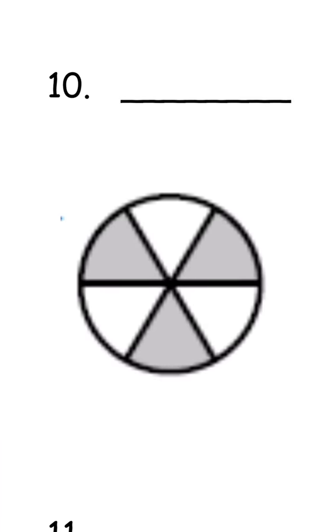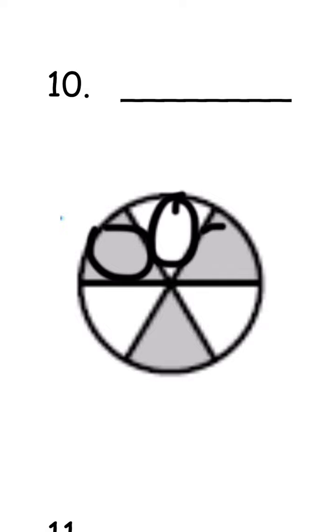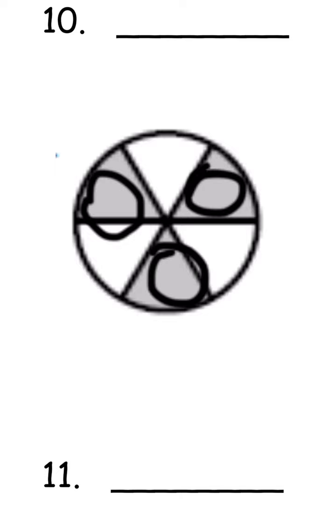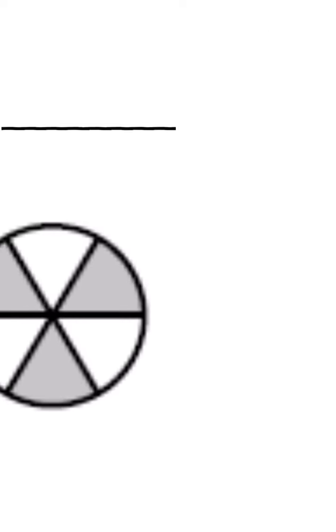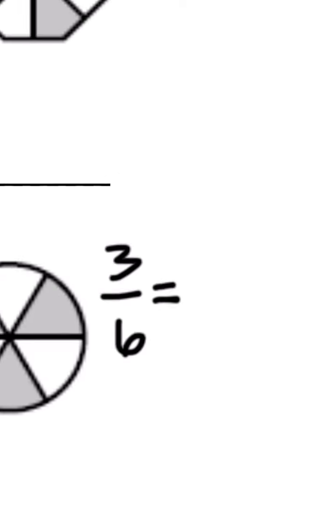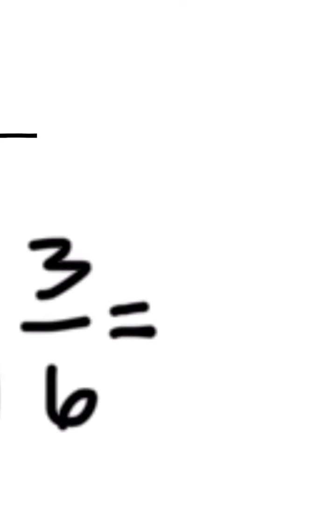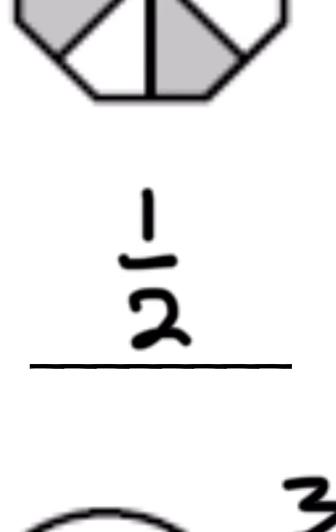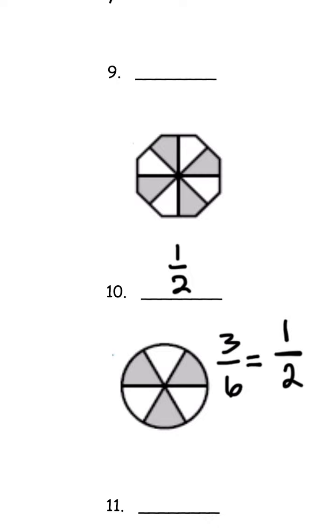For number 10, there are 1, 2, 3, 4, 5, and 6 sections, and 1, 2, 3 parts are shaded. So it has to be 3/6, but we can simplify that, which is 1/2. So 1/2 is the answer for number 10.